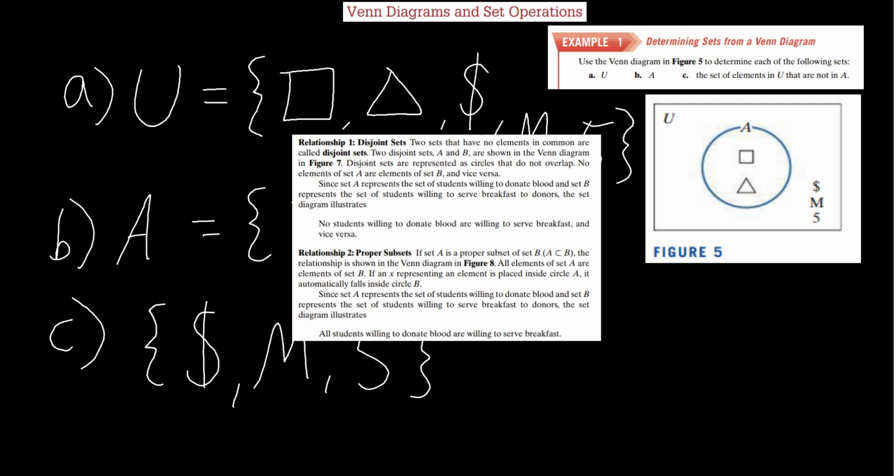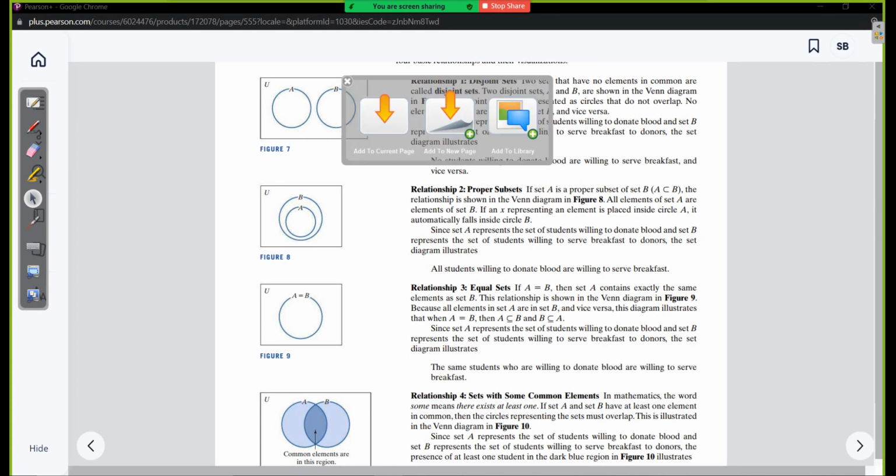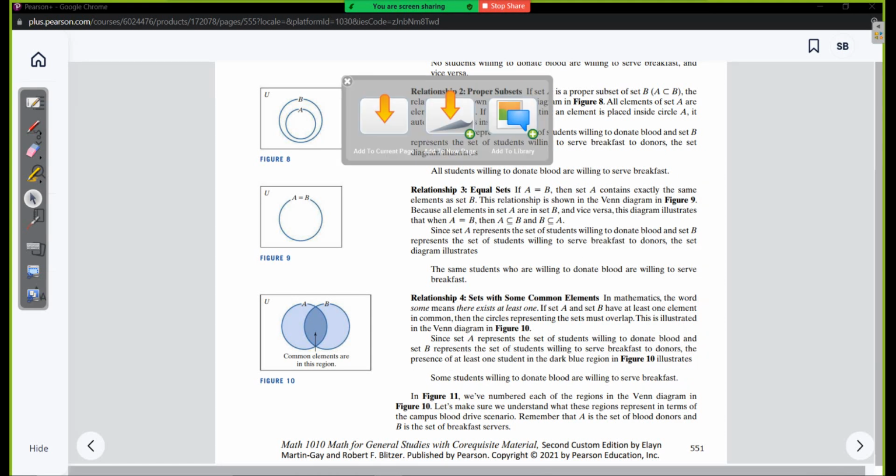I'm pretty sure this also goes along with the example of donating blood. But we're going to skip over that particular portion of this section. These relationships do talk about it, but I think I can get by with not including it.